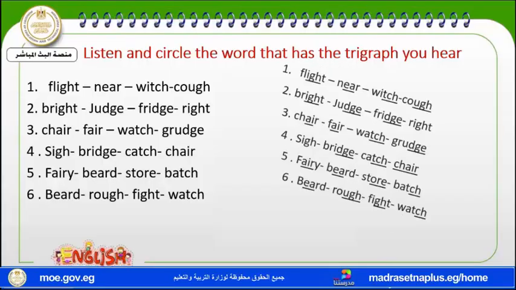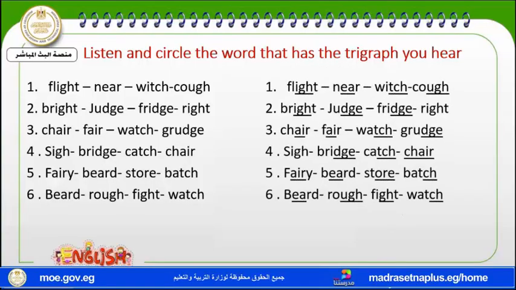And here is the answer. In each word, you have a trigraph sound. So in the first word, flight, we have the trigraph IGH. Here we have near, which, cuff, pride, judge, fridge. Each word has a trigraph sound.